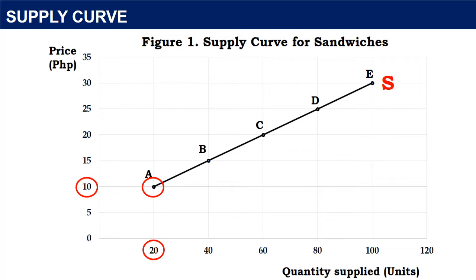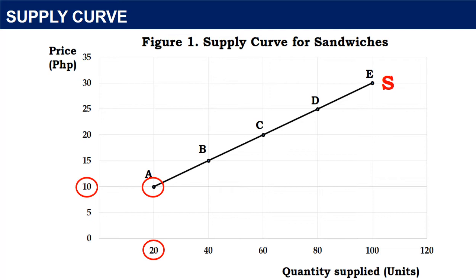Each point on the curve shows the number of sandwiches that sellers would choose to sell at a particular price. In situation A, at 10 pesos sellers would sell 20 sandwiches. Situation B represents the combination of 40 sandwiches at 15 pesos, while in situation C, sellers will sell 60 sandwiches at 20 pesos, and so on.